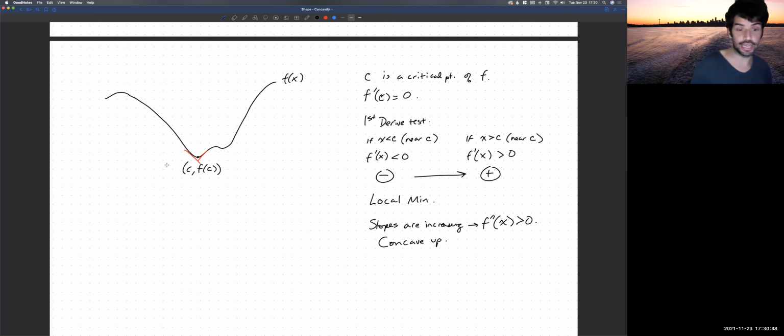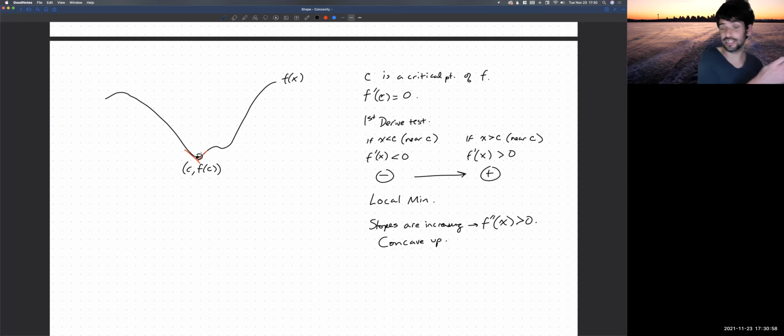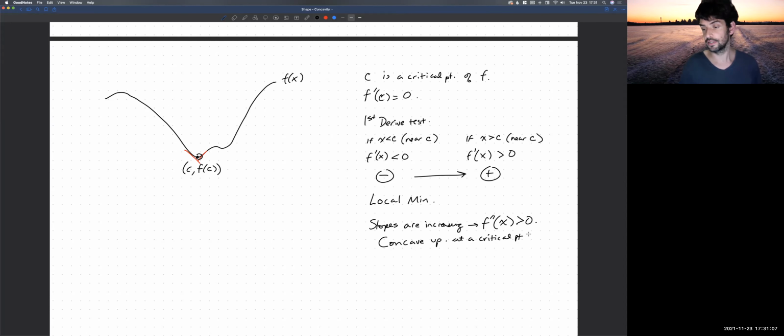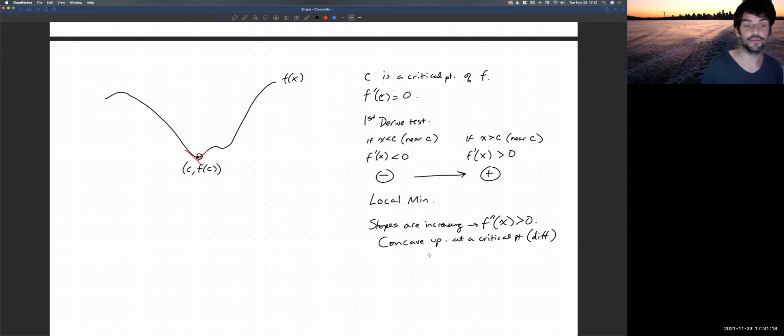And so as long as we're differentiable at the point c, as we pass from left to right, if we're concave up at c, our critical number, the derivative has to be 0, and it's increasing, so it must go from negative to positive. So concave up at a critical point that also is differentiable, meaning its derivative must be 0, implies we have a minimum.